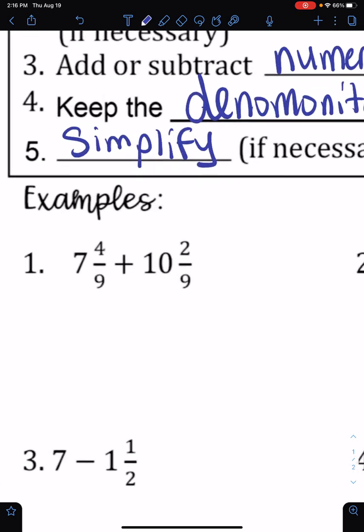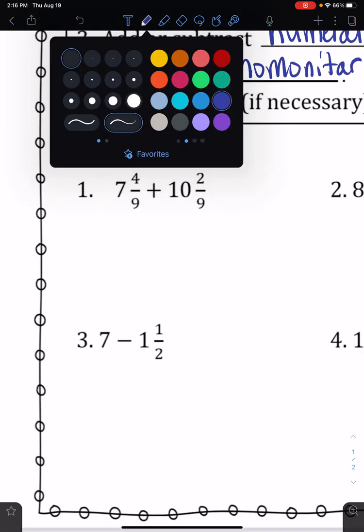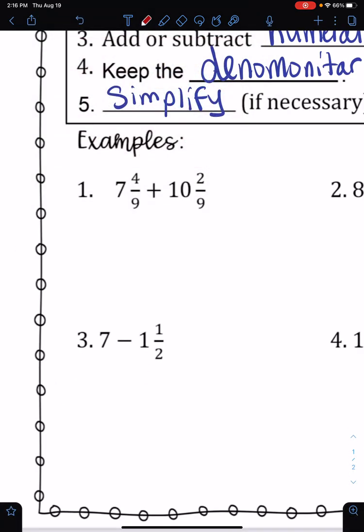So let's jump right in and do an example. This first problem is 7 4/9 plus 10 2/9. To change 7 4/9 to an improper fraction, we'll do 7 times 9 is 63, plus 4 is 67. Keep the denominator of 9.